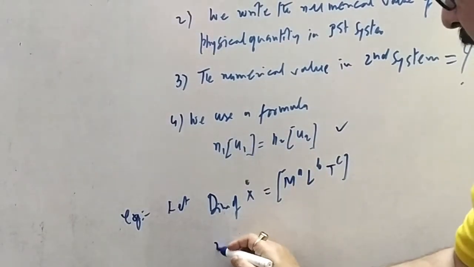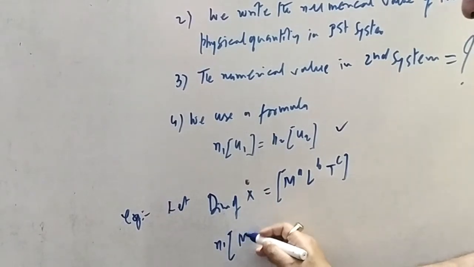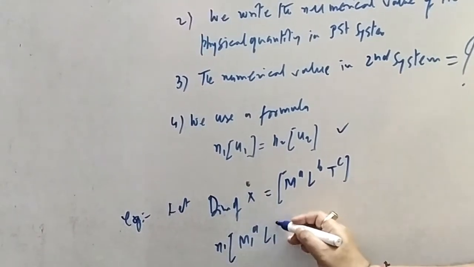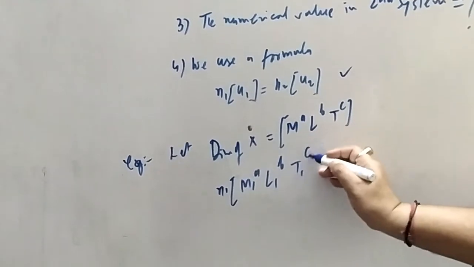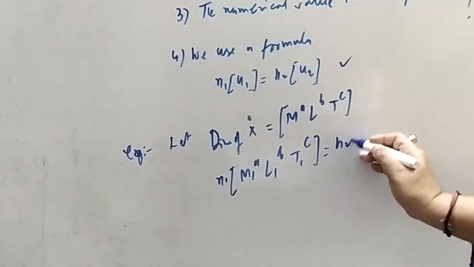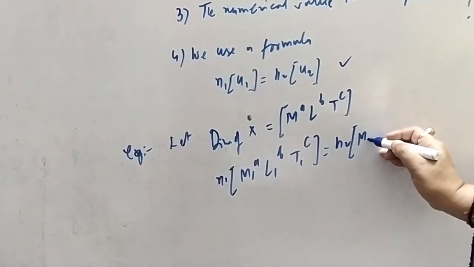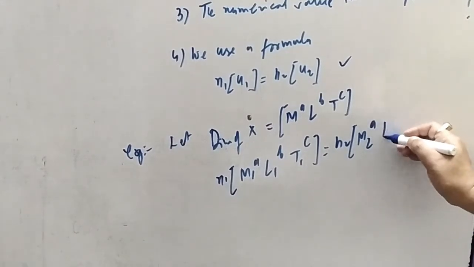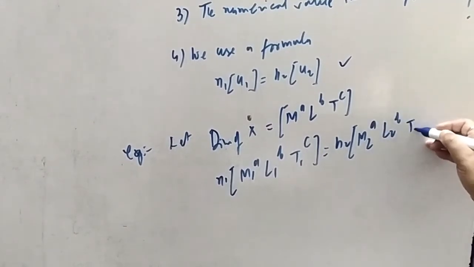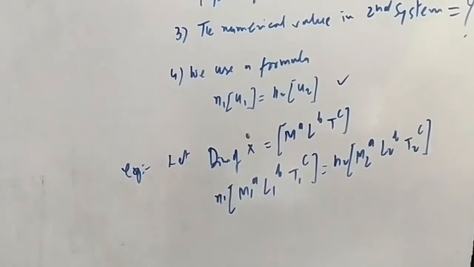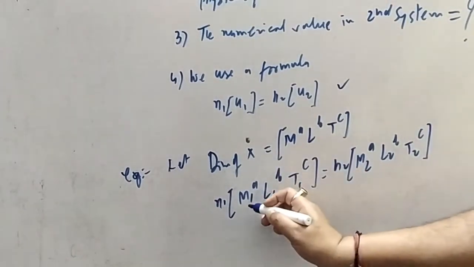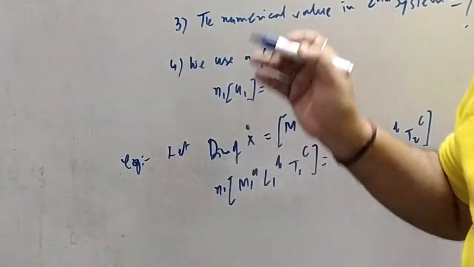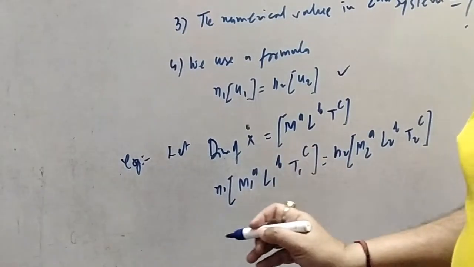Then we have n1 m1a, l1b, and t1c, n2 m2a, l2b, and t2c. After that, we have to replace this m, l, t in the respective unit system.